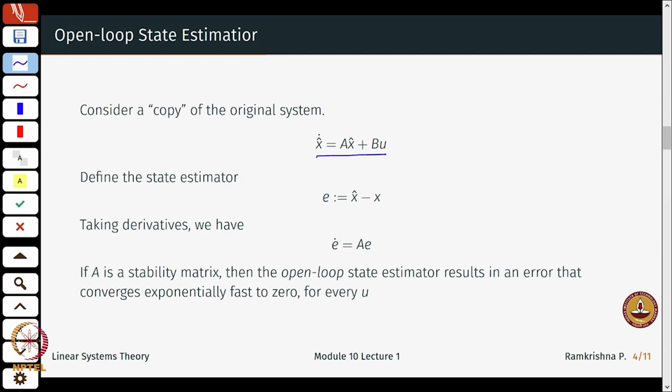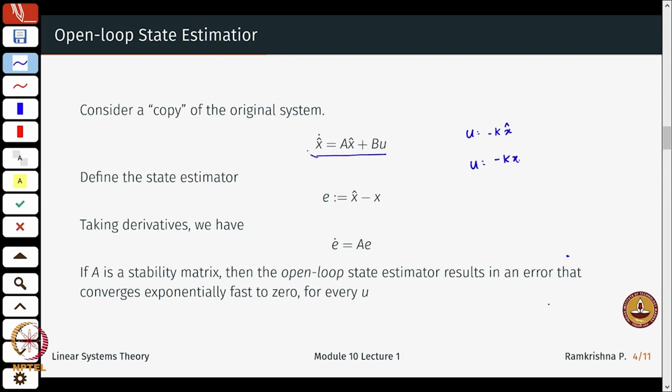So typically what I would like to do is to feed back this u equal to minus K times x hat instead of u equal to minus Kx, because x is not really available for measurement.